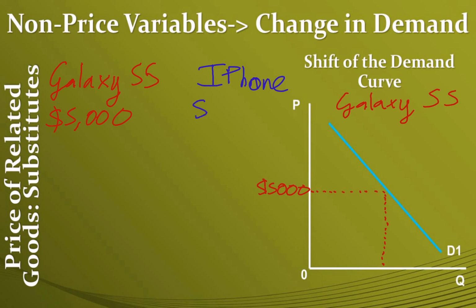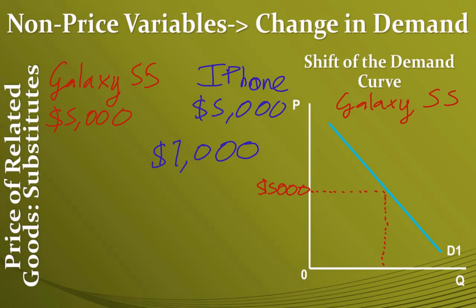If the iPhone was also at 5,000, and it were to diminish its price, imagine this, to 1,000 pesos, what would happen to the demand of Galaxy S5?